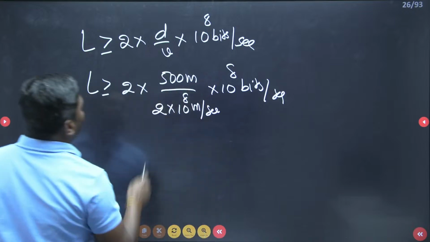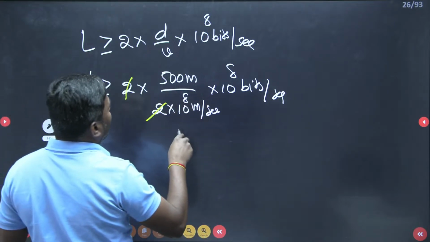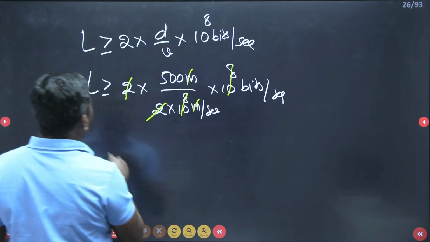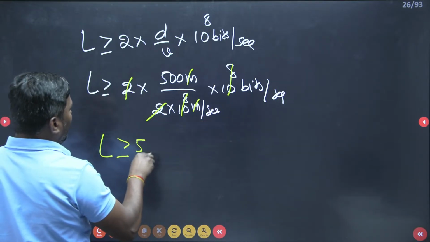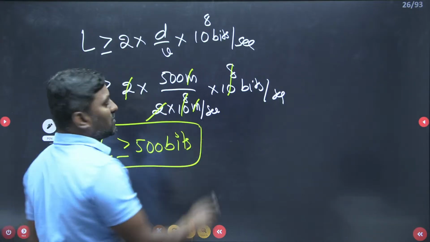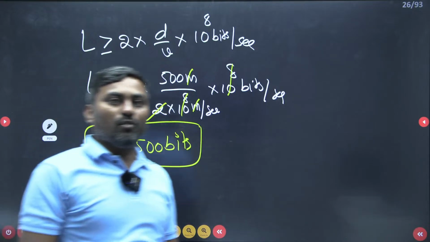This 2 gets cancelled, then meters cancel, and the L value is 500 bits. 500 bits is the answer.